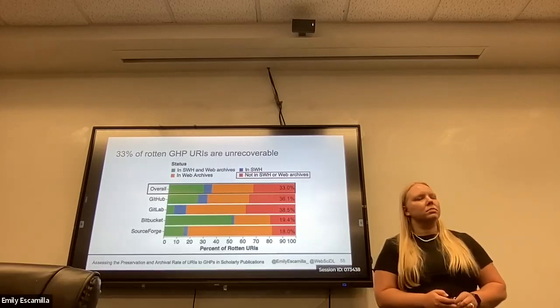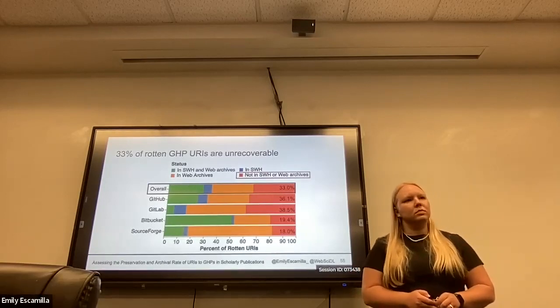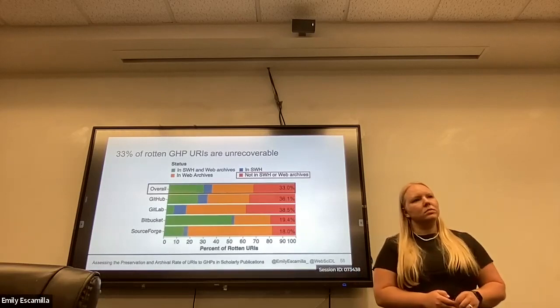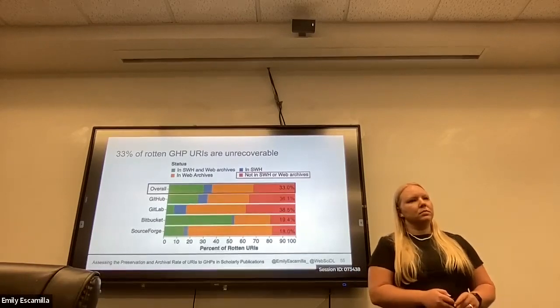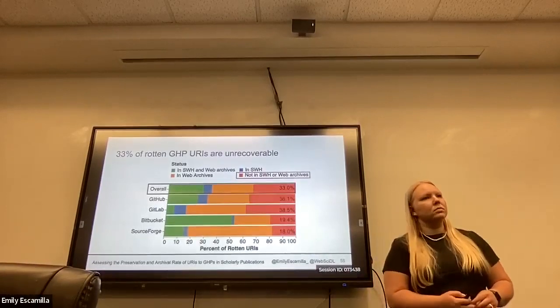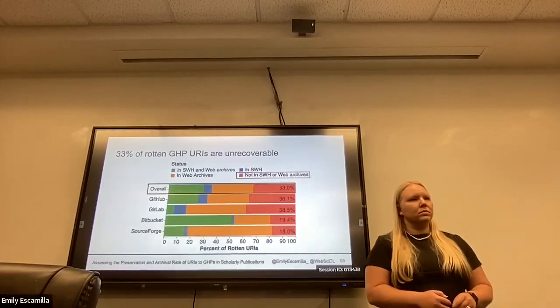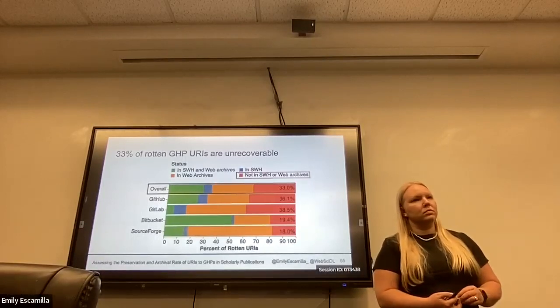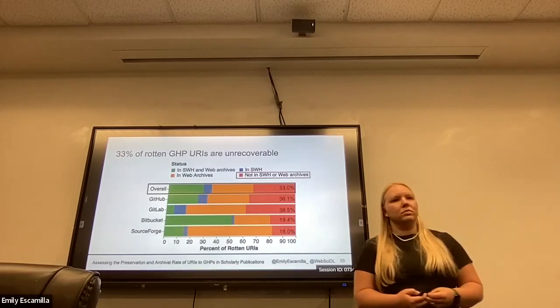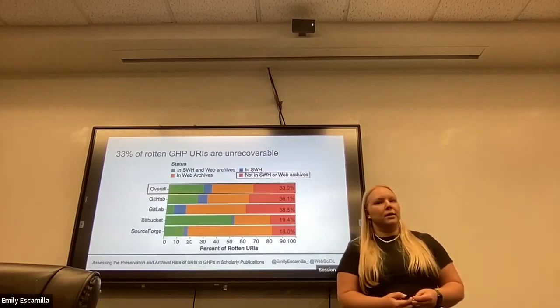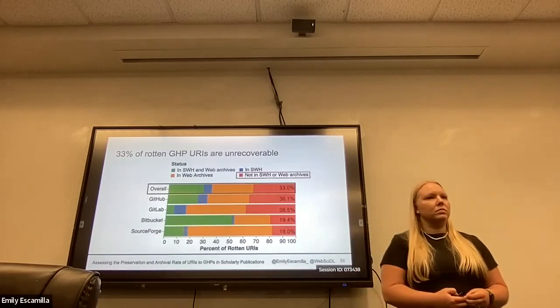And was there an overwhelming reason for a lot of it? Maybe an organization changed the name, or someone deleted the repository or changed its name? Could you categorize the reasons why so many were missing for the different platforms?